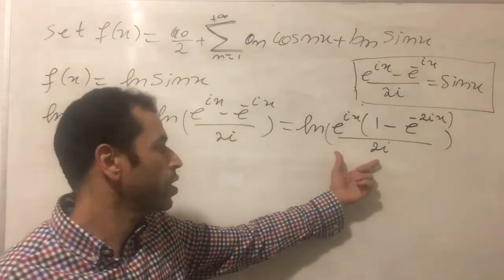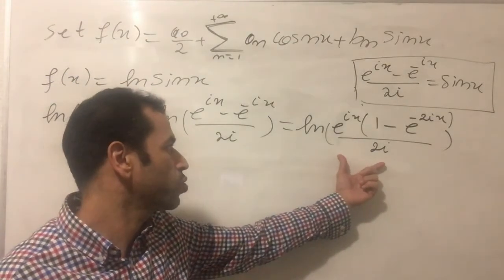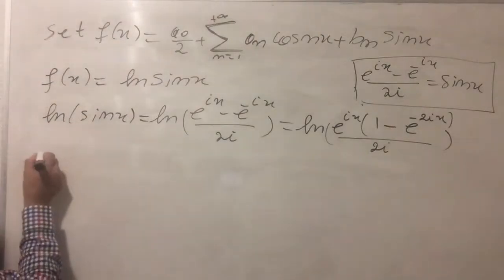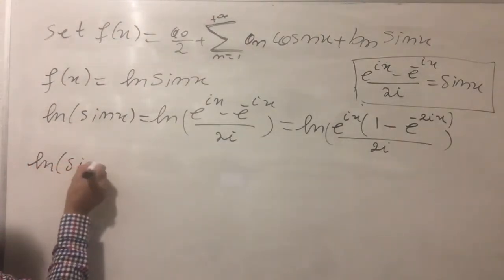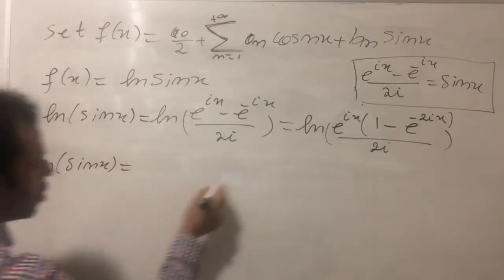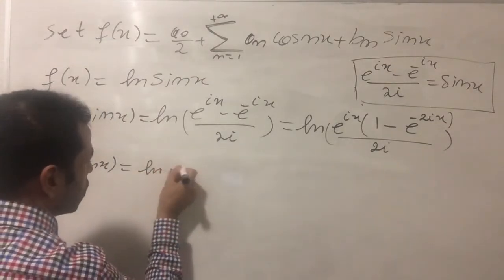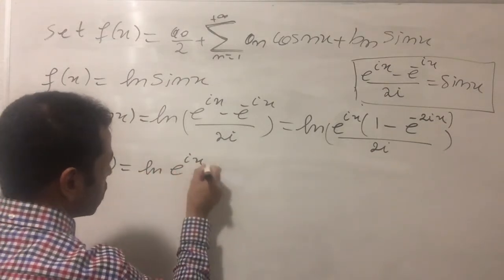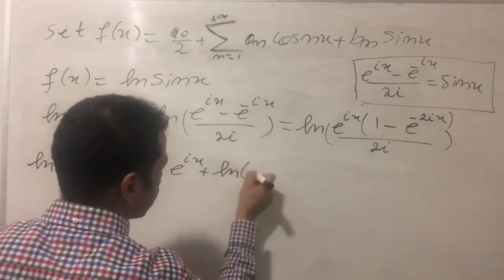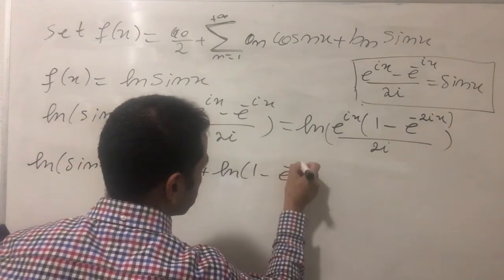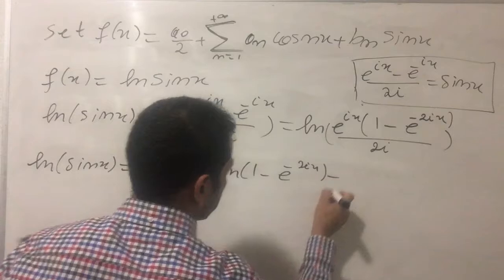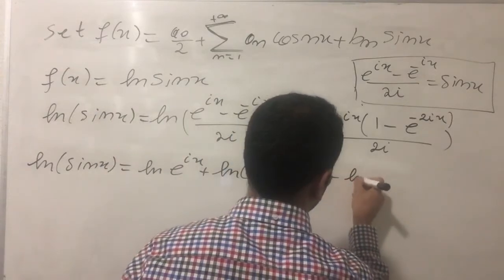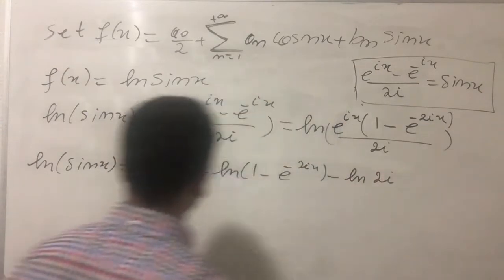Now I'm going to apply the logarithm rule on this one. So I will have natural log of sine of x equal to natural log of e to the ix plus natural log of 1 minus e to the minus 2ix minus natural log of 2i, okay?